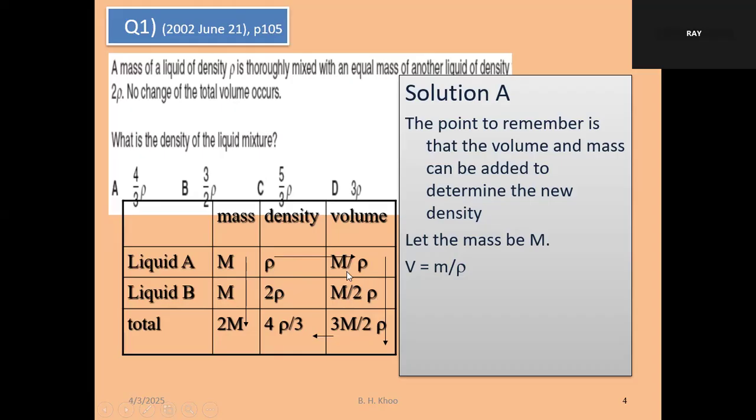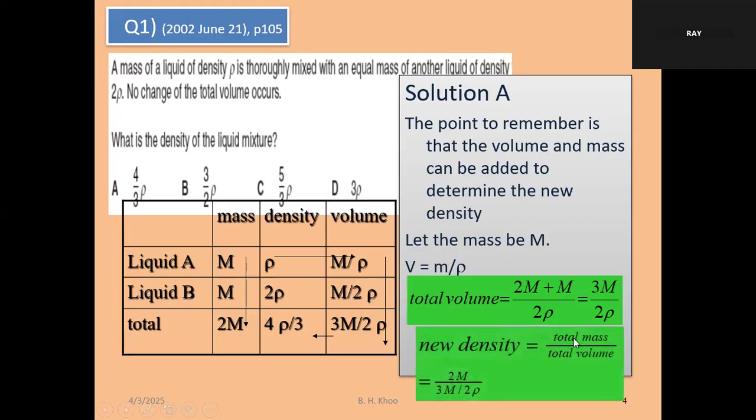Calculate the volume, add them up, total volume, and total mass divided by total volume. Okay? Total mass divided by total volume. Right? Total volume is just adding these two together. That's why you get this one. New density is total mass over total volume.